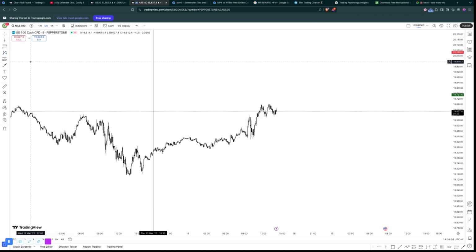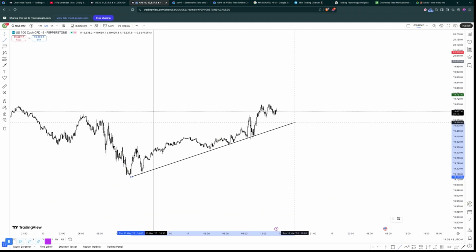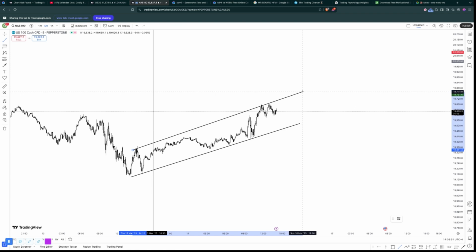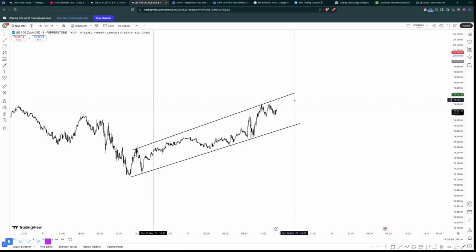What is the trend today? It's an uptrend. You can see it, right? So now when you figure out that we are in an uptrend, what do you want to be doing? You want to be buying, right? Yes? Exactly.